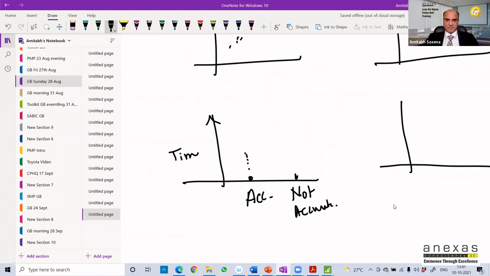This is time. When the reports are not accurate, it's high. We call this a box plot. Actually, Minitab will make this as a dot plot or a box plot. What do you think? Is it affecting? Is accuracy responsible for your time?